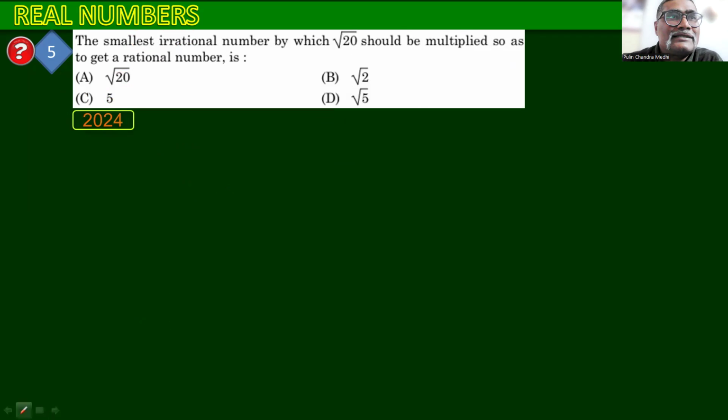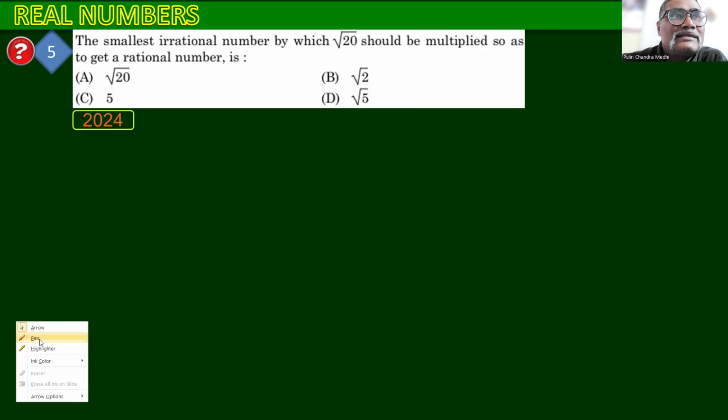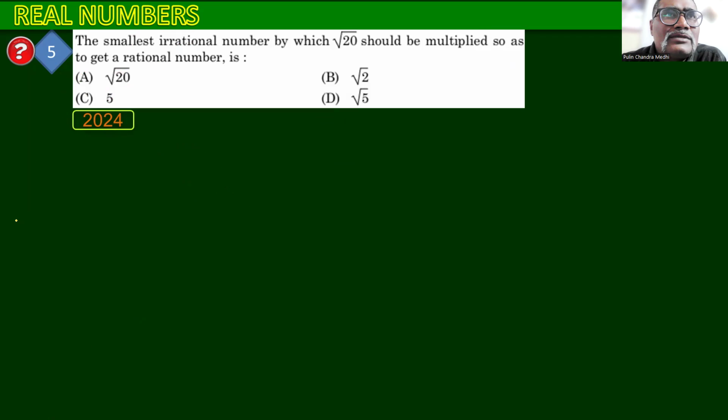Okay. Now next, what is the next? The smallest rational number by which you will multiply root over 20 so as to get a rational number. So first you see, if you factorize root 20, what are the factors coming?